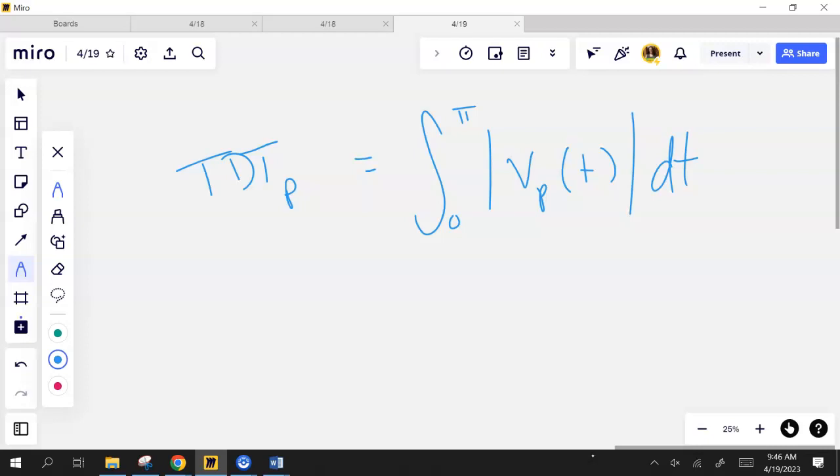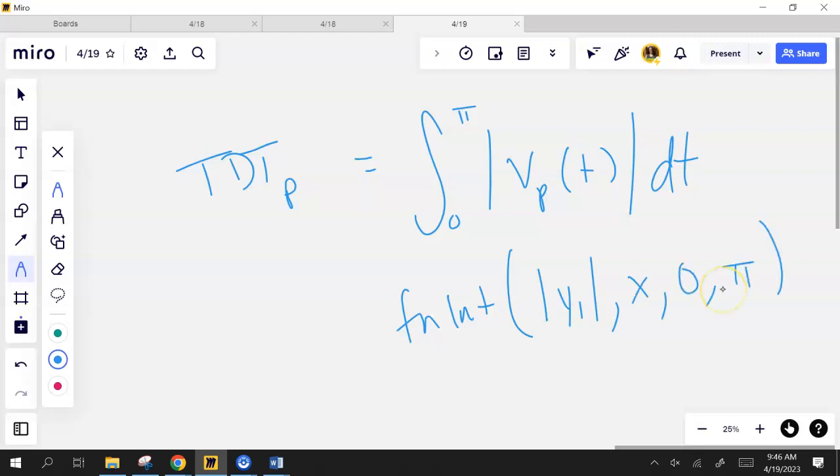I already had that in Y1, so all I did was write this, and then I took out my calculator and said function, integral, and then absolute value of Y1 with respect to X from 0 to pi. That was all I did.